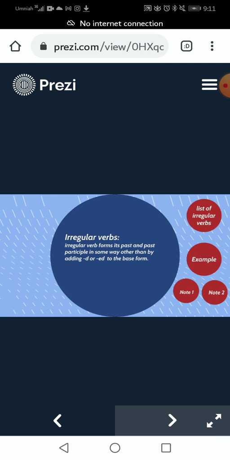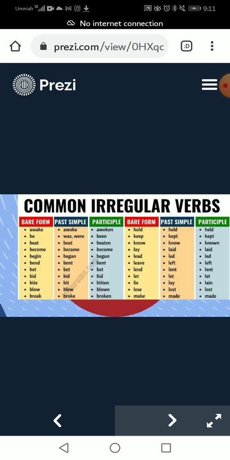Let's move to irregular verbs. Now, an irregular verb forms its past and past participle in some way other than by adding d or ed to the base form. So in irregular verbs, we don't add d or ed. For example, be.